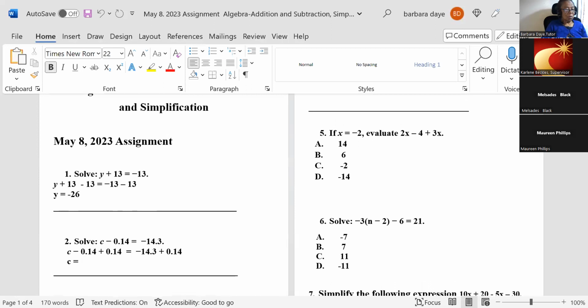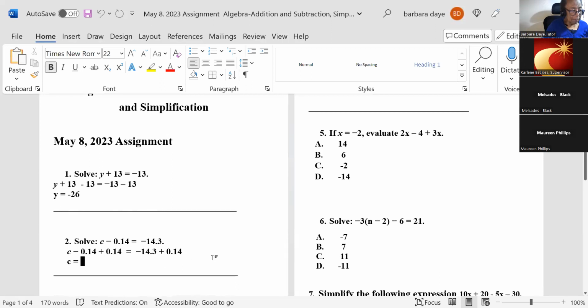Wait, Maureen, what do you do when the signs are different? What operation? You subtract. That's right. So subtract the 0.14 from the 14.3. And the sign of the number with the greater absolute value is which number? Of these two numbers, which one has the greater absolute value? That means you disregard the sign.